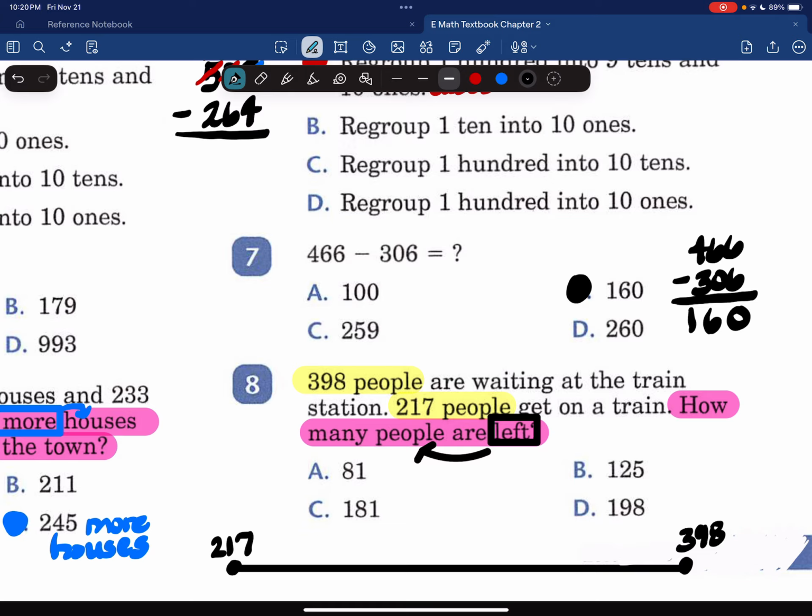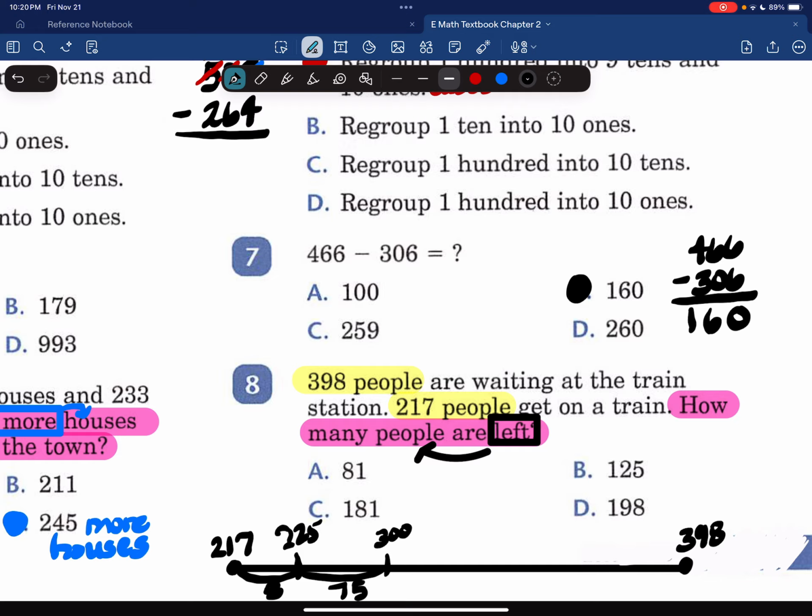And we need to benchmark our way up to the answer. So 217, I'm going to go to 225, because that I can do mentally. So from 217 to 225 is 8. And then from 225 to, let's just go to 300, I think is what they're wanting us to do. So that's 75 in that space.